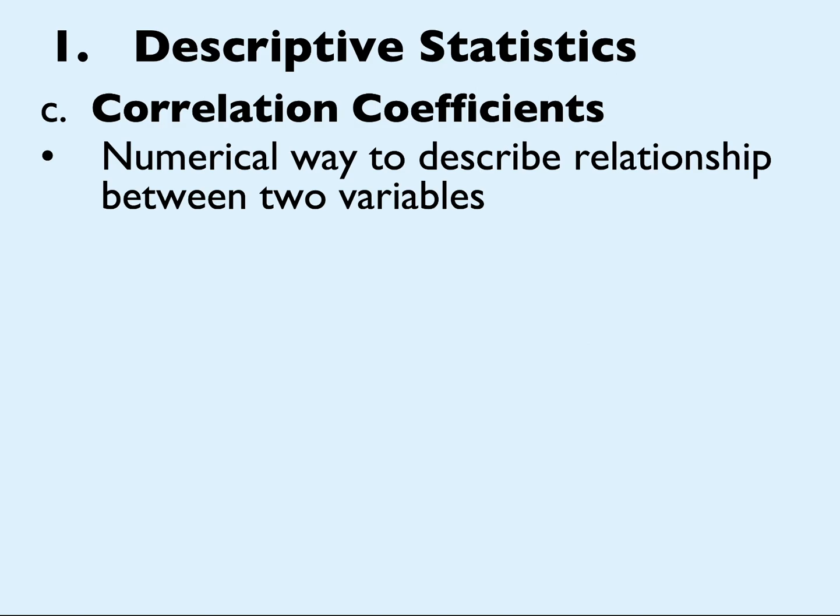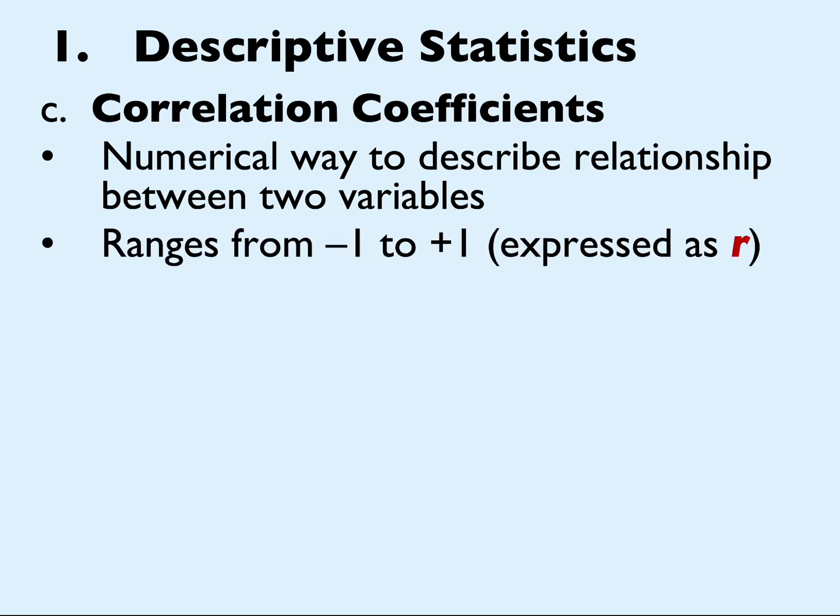You collect the data from all your students, how many hours a week they study, and then find out their GPA at the end of the term, and you get a relationship described in that one number. The correlation coefficient is going to be expressed in a range from -1 to +1. And you express it by the variable r.